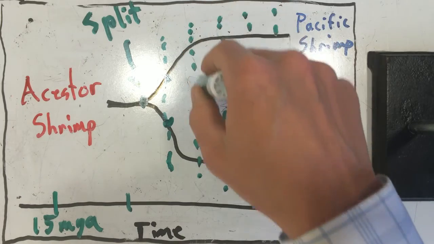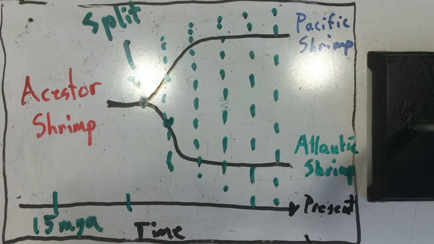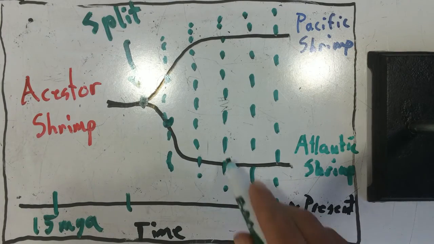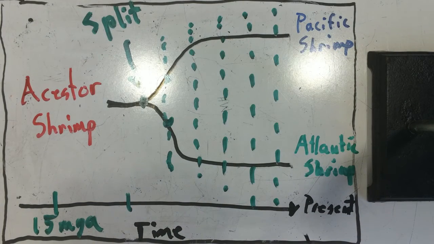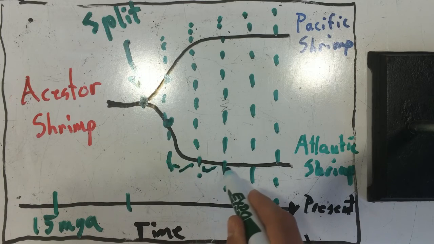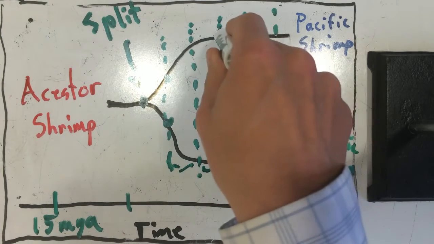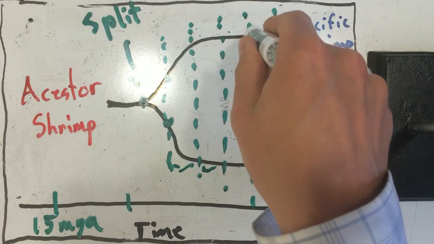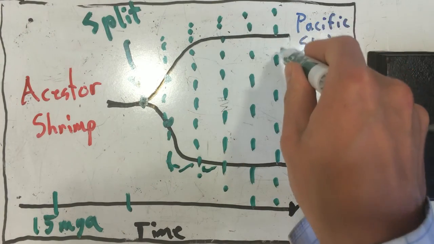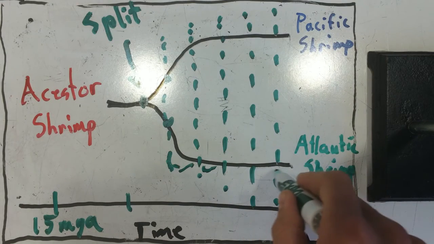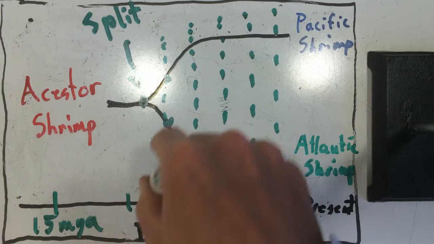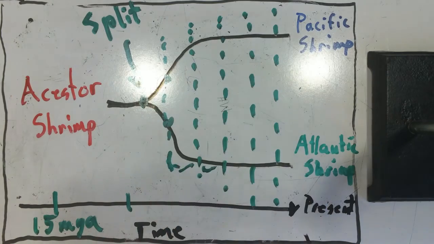As we get another 1 million years on, their DNA sequences will be more different. 2 million years on, their DNA sequences will become even more different, and they will happen at the same rate because of this molecular clock, right? Another 1 million years further on, they will become even more different. So by the time we get to the present, they have accumulated differences to the point where they are much different than they were after they first diverged.